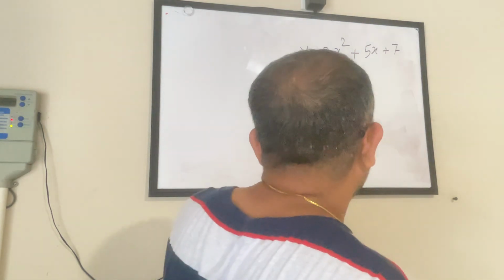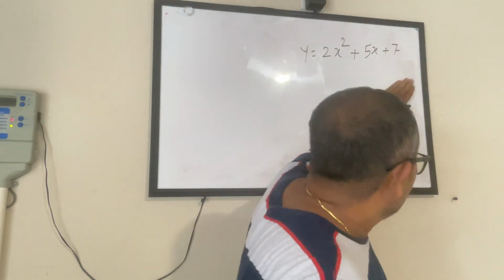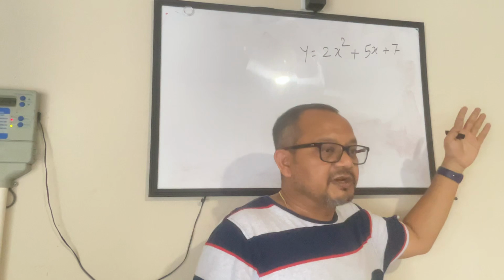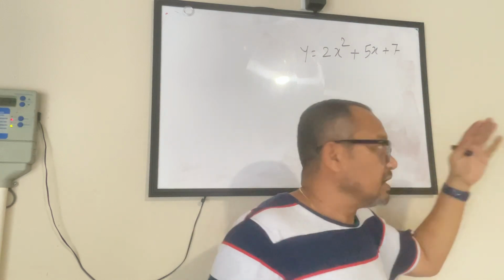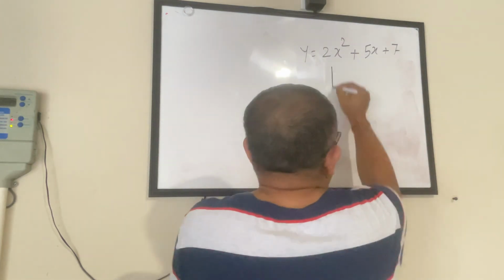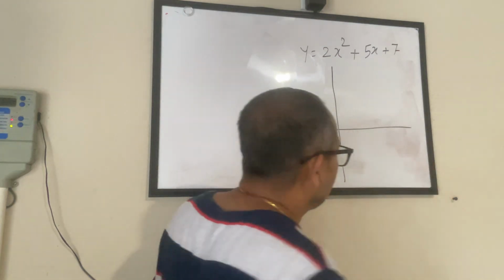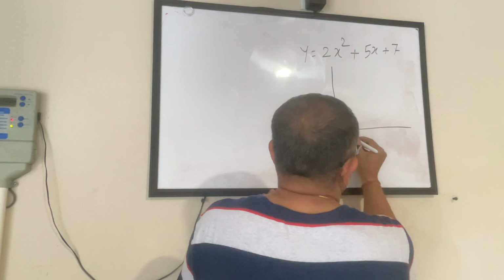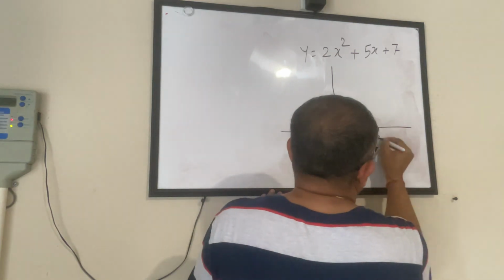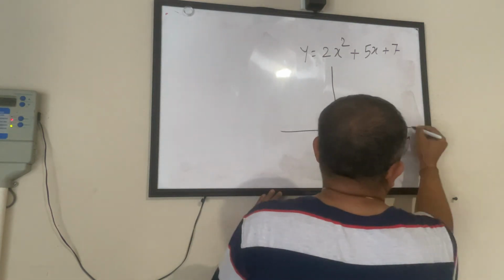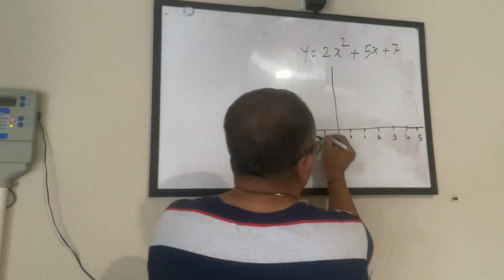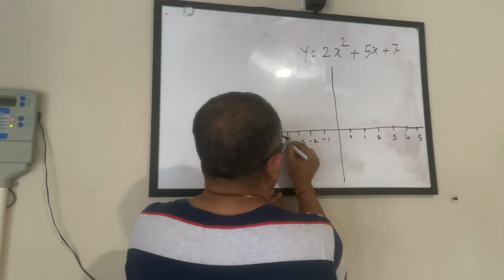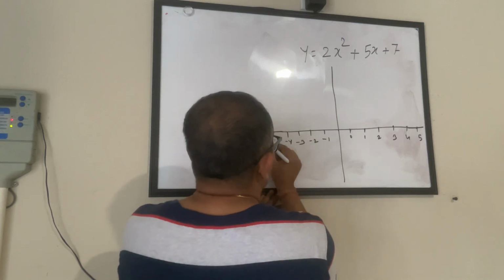Now, what I claimed was that every quadratic equation helps me draw a parabola. Let's try doing that. How will we draw? This is my coordinate plane. This is 0, 1, 2, 3, 4, 5, minus 1, minus 2, minus 3, minus 4, minus 5.